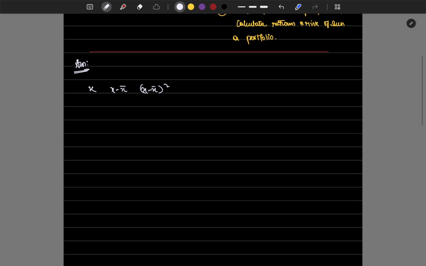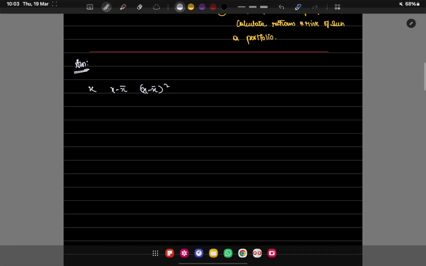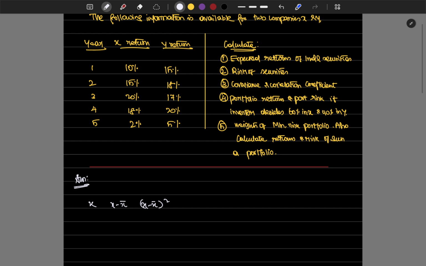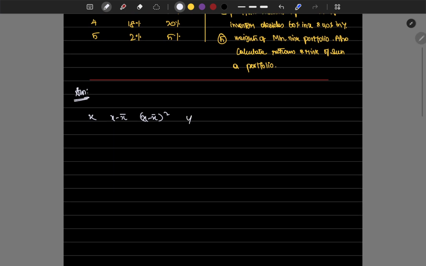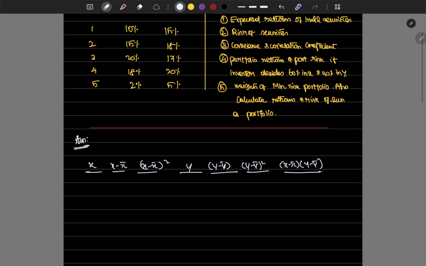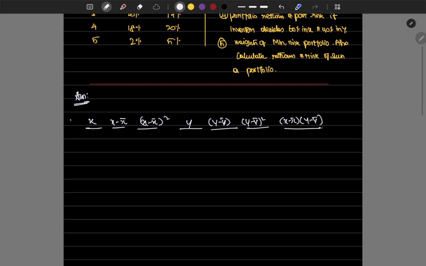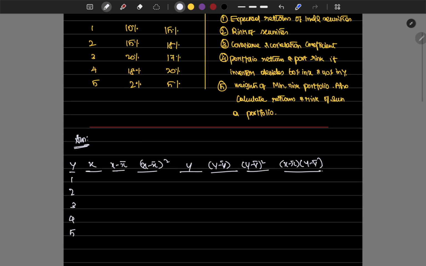Then another security is y minus y bar the whole square, and both should be multiplied for the covariance. So x minus x bar, y minus y bar, we have to multiply this. Years are mentioned here: 1 2 3 4 5.